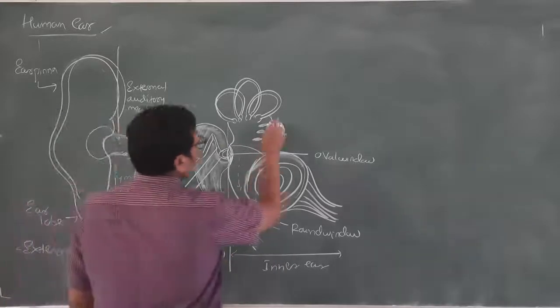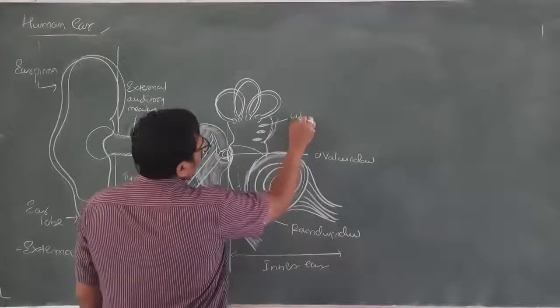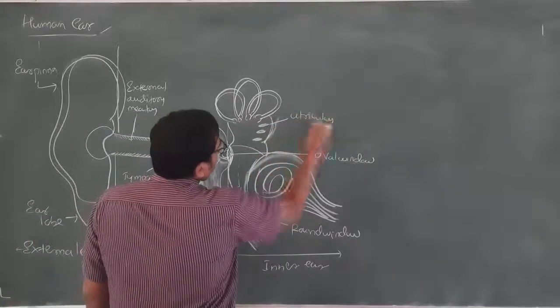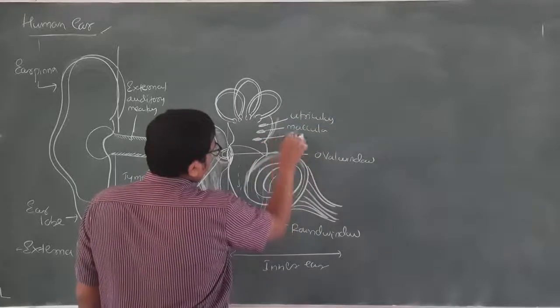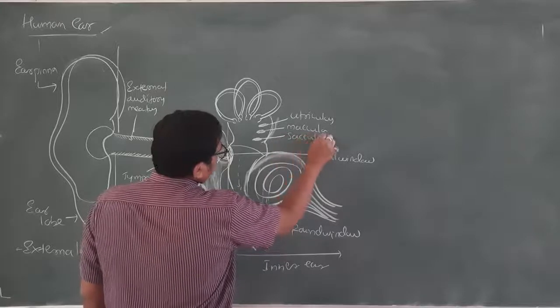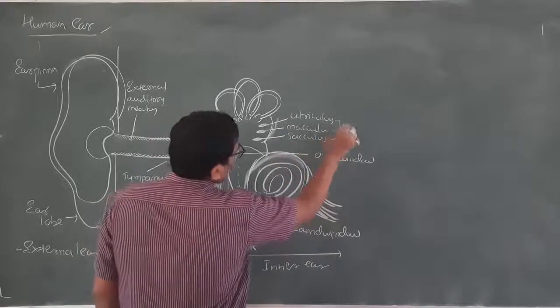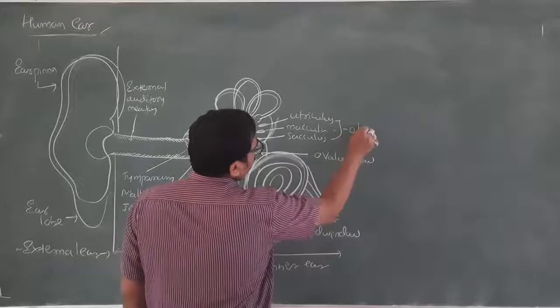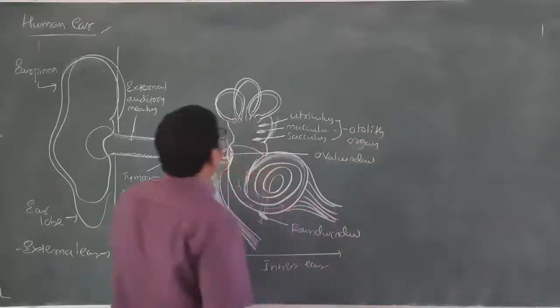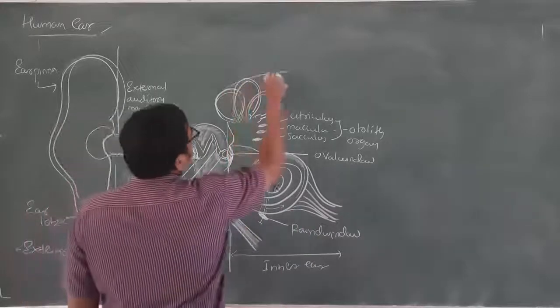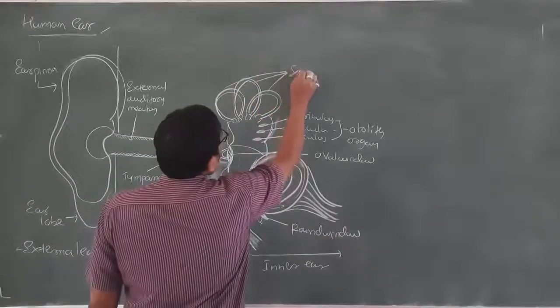Okay, this is mainly the utriculus, macula, sacculus. These three together are called the otolithic organ. And these three are the semicircular canals.